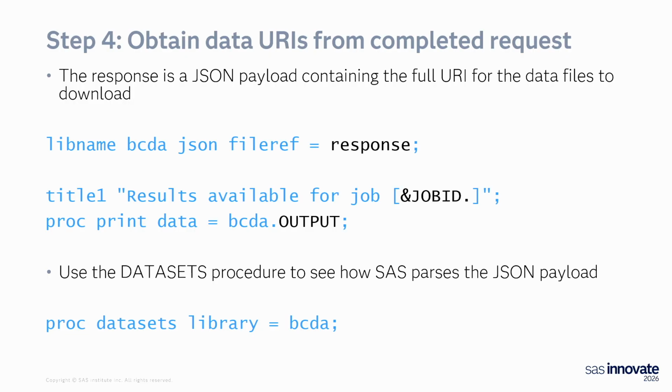Again, there's no way to know a priori that it's called output. It just so happens in this setup, when SAS parses the JSON payload, the data set called output is the one that is of interest to us. So you need to do a little checking, but once you know what it is, it's constant after that.